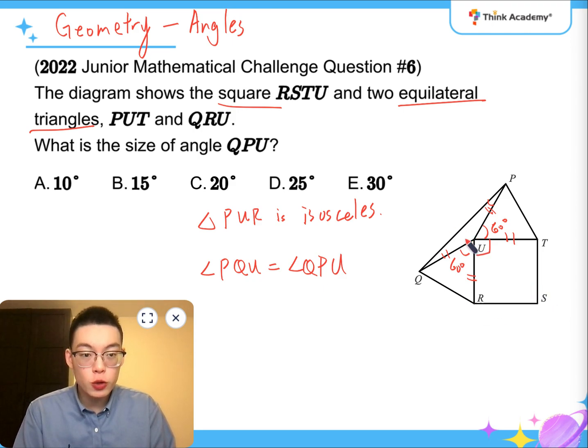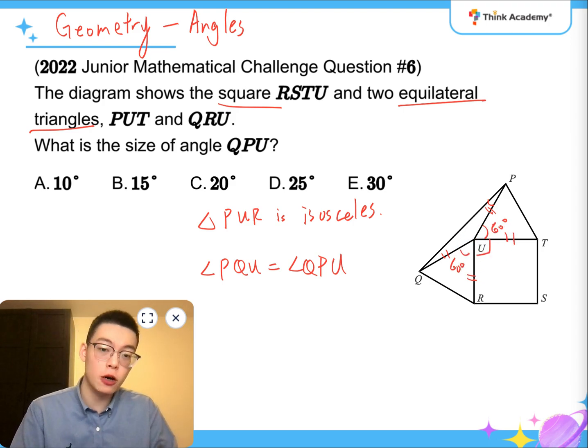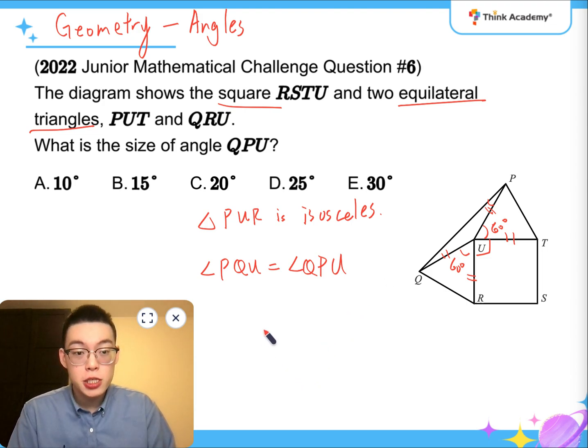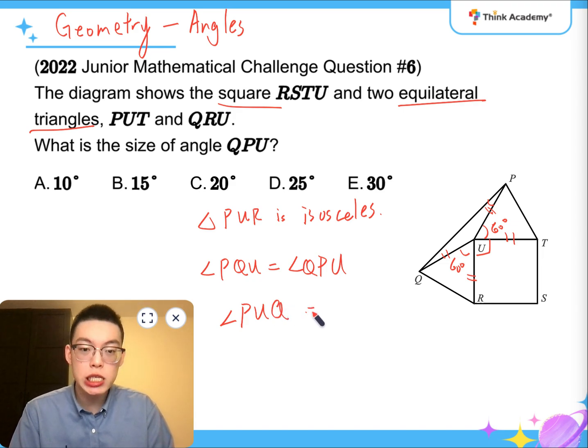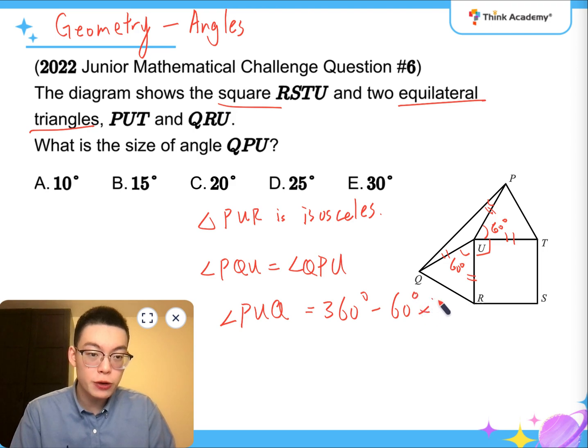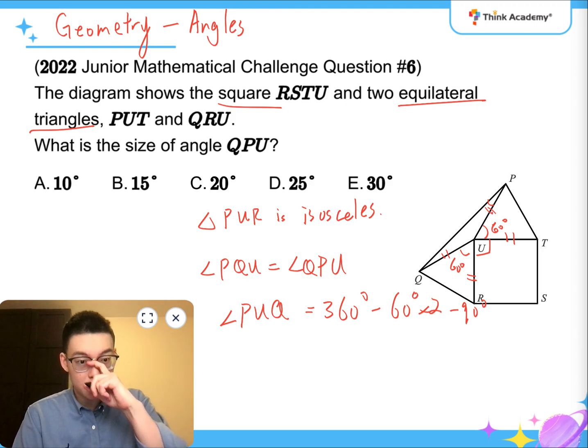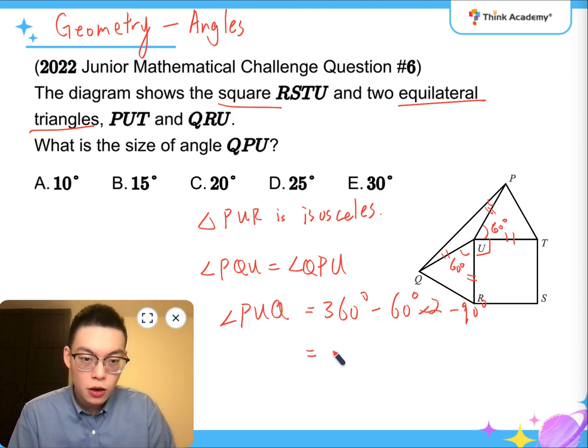Now we just need to know the top angle right here, which adds up with 2 60 degrees and a 90 degree to form a round angle, which are all the angles at a point. So we know that angle PUQ is equal to 360 degrees, take away 2 of the 60 degrees, take away the 90 degrees. And that's going to be 150 degrees.